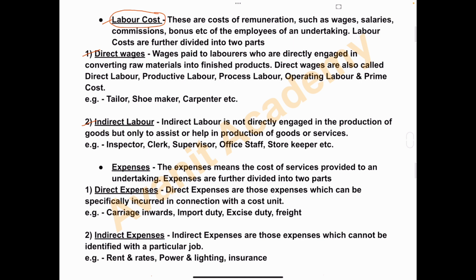Wages paid to workers who are directly engaged in converting the raw material into finished product. The workers or the employees who are engaged in the conversion of raw material into finished product, the workers who work in the factory converting the raw material into finished product, whatever the wages or the salaries paid to that worker who works in the factory is called direct wages.